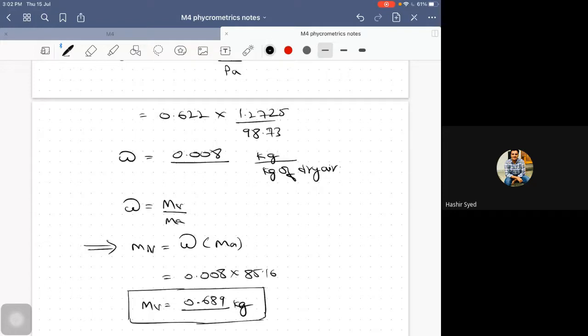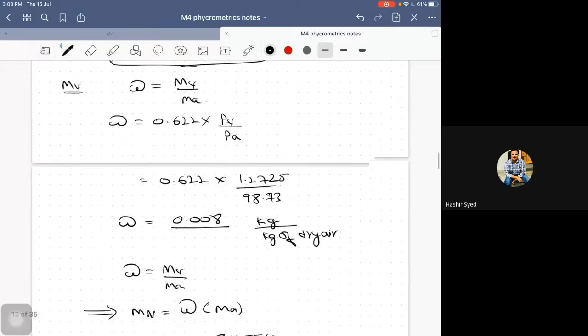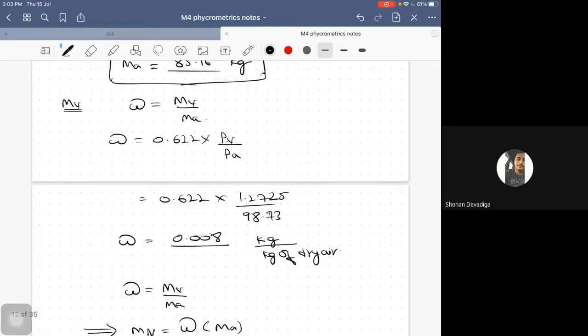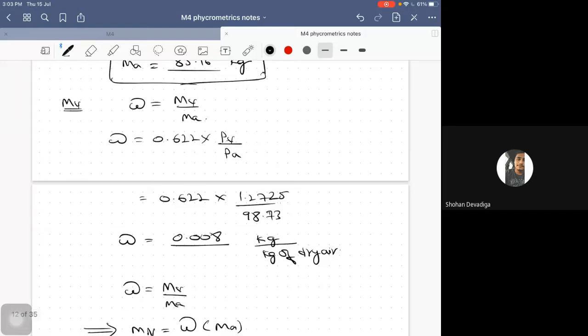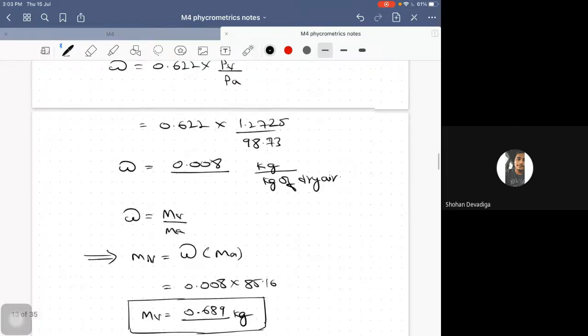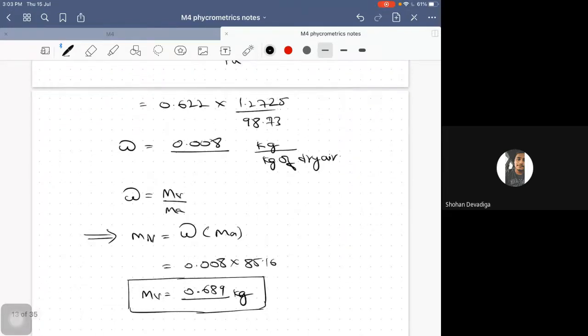Is the value correct? Just a few more confirmations. Yes, sir. So I have calculated the value of MV and MA and there ends the problem.